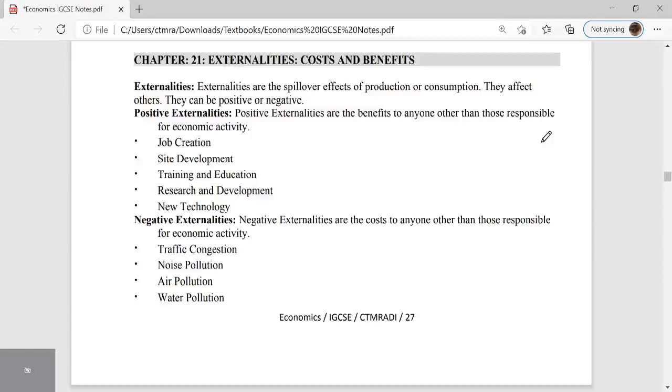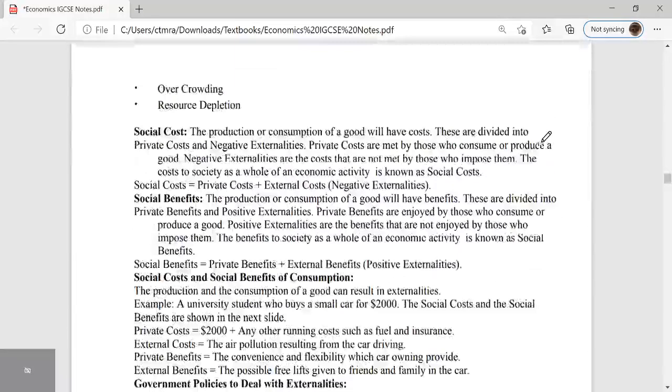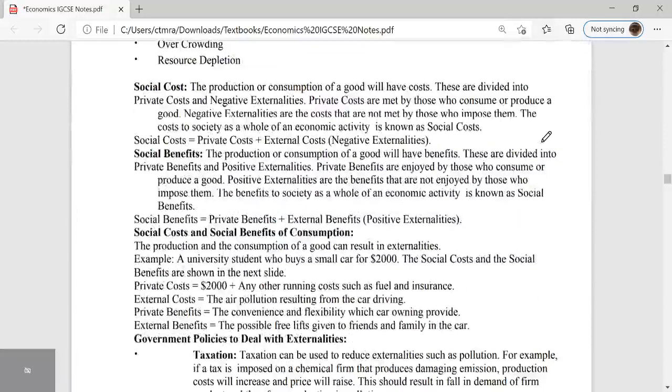Whenever some economic production or consumption leads to a better thing for other people who are not producing or consuming, these positive effects are known as positive externalities.